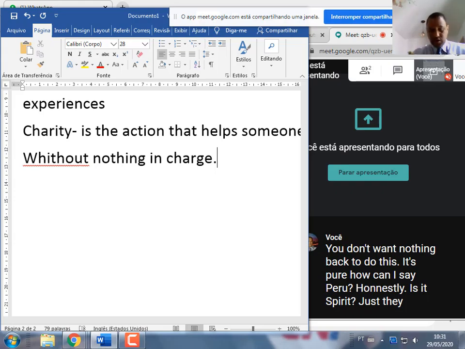The next one, guys, is the verb to prescribe. To prescribe. What does it mean to prescribe? To prescribe, guys, is exactly what the doctor does. Right? When you go to the doctor and the doctor examines you, right?